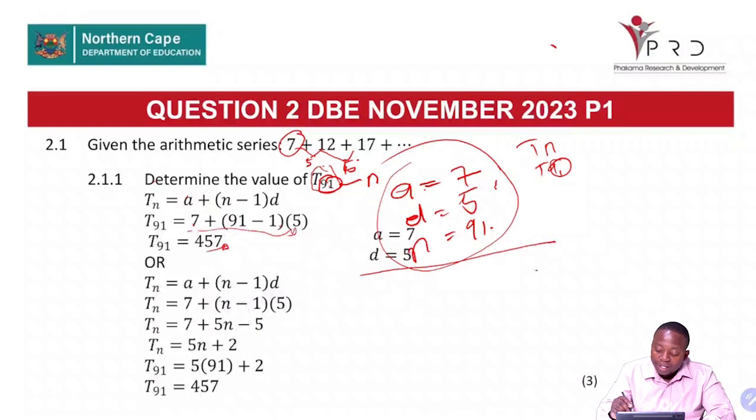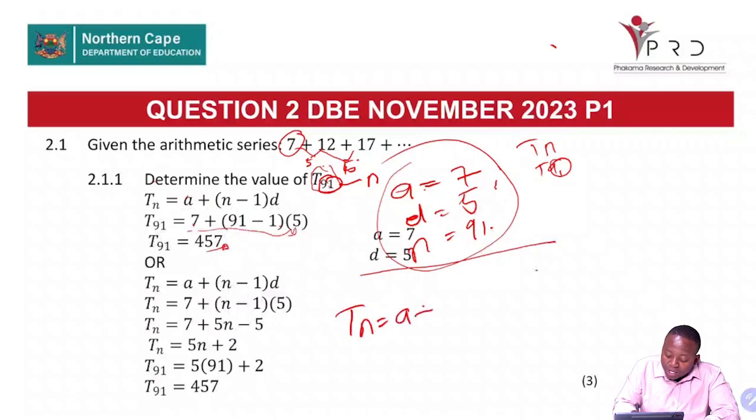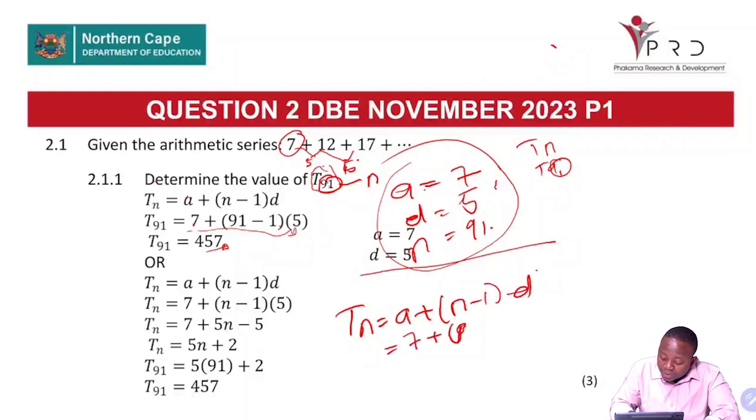So what you could have done in this case is to say, okay, I could have used this formula: Tn is equal to a plus (n minus 1) d, where our a is 7, plus (n minus 1), and the difference is 5.